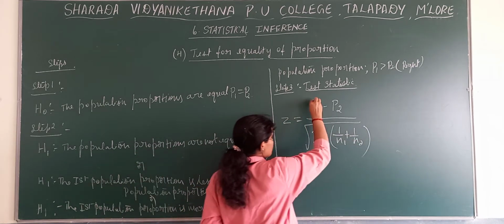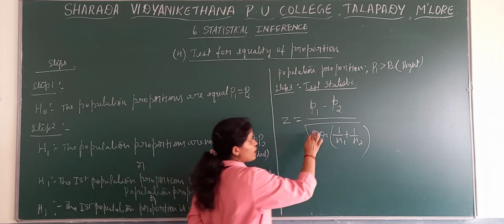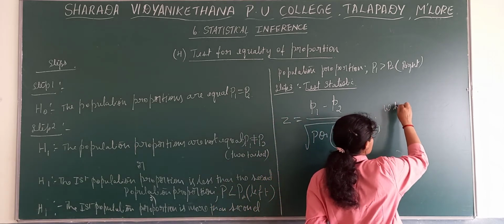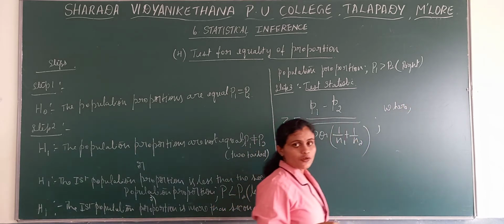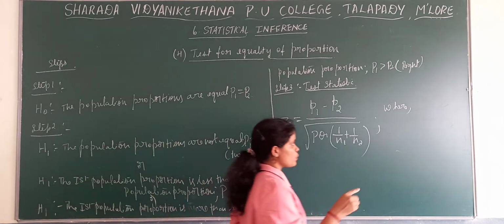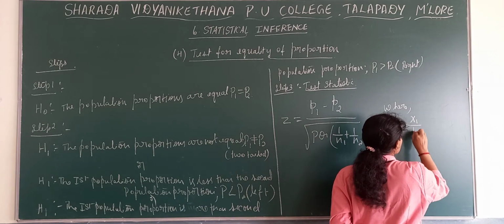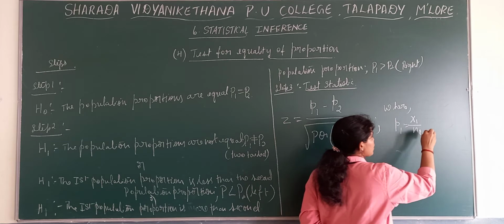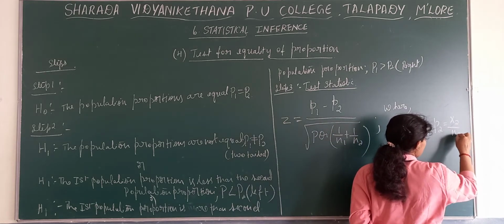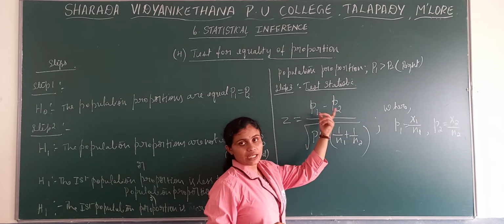Now here we have P1 and P2. How to find out the values of P1 and P2? Like how we found it in case of population proportion, where there was one population proportion. So same way here, P1 is equal to x1 by n1, P2 is equal to x2 by n2. This is about the proportions, the small letter P1 and P2.